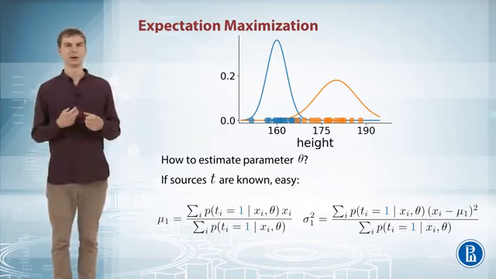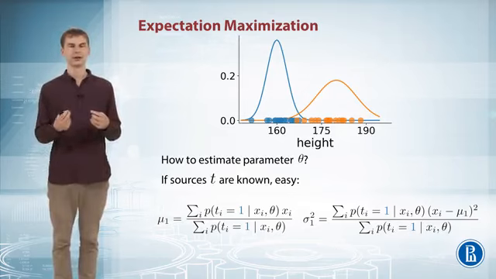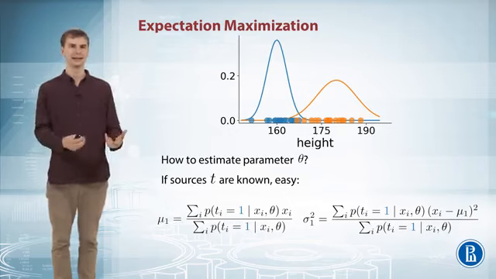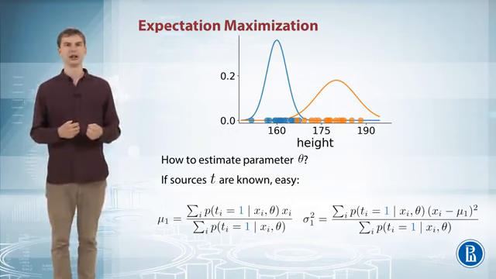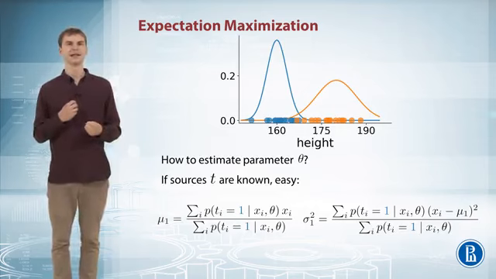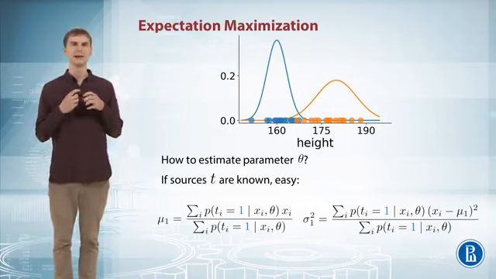So instead of just summing with respect to all blue points and averaging their position to get the location of the blue Gaussian, we'll have to sum all the points but with weights. So if the posterior P of T equals 1 is 1 for some data point, it means that this particular data point is completely blue.